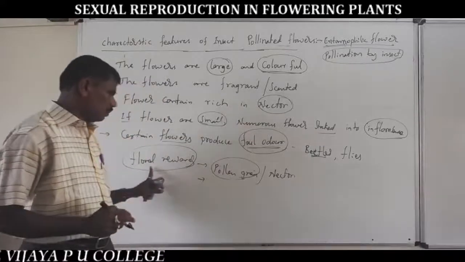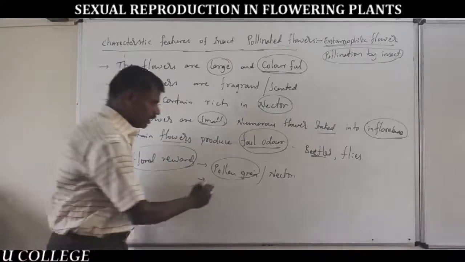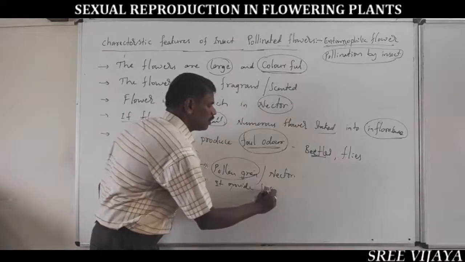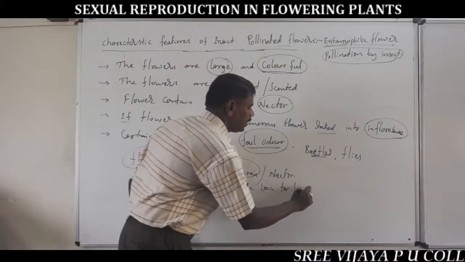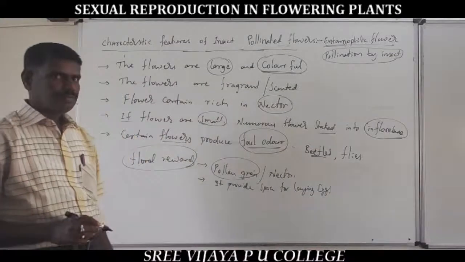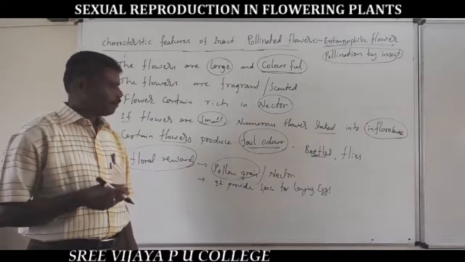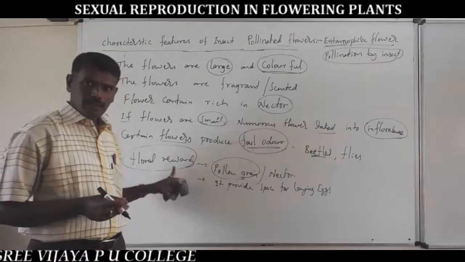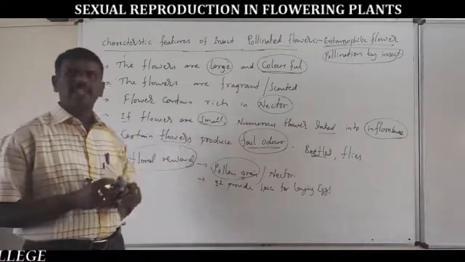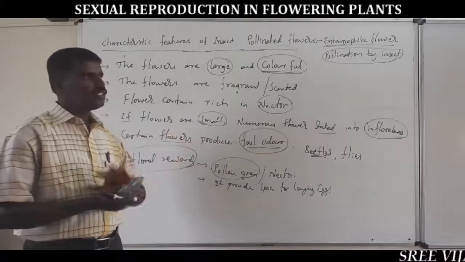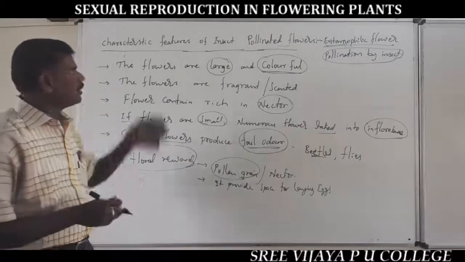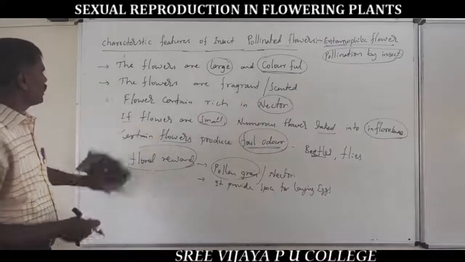The second floral reward is that the flower provides space for laying eggs. These two are the floral rewards gained by these animals, as we discussed in the characteristic features of entomophilous flowers.